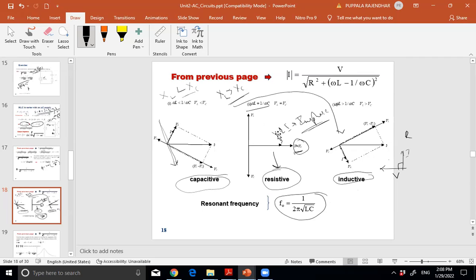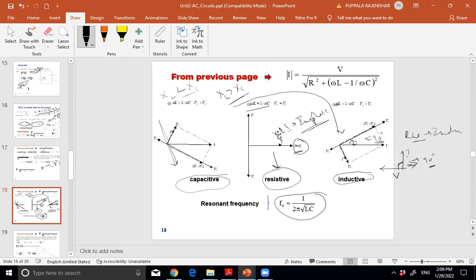But for an RLC circuit, if the circuit is inductive, what will be the angle here? For a pure inductor, the angle is exactly equal to 90 degrees. But here, you will get less than 90 degrees between voltage and current.